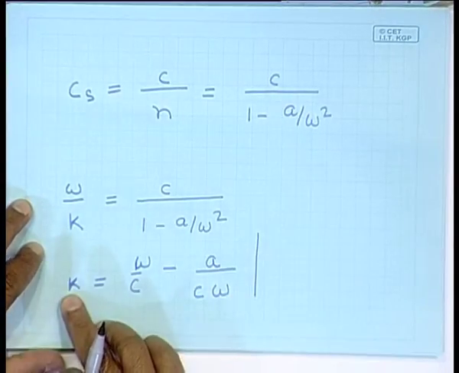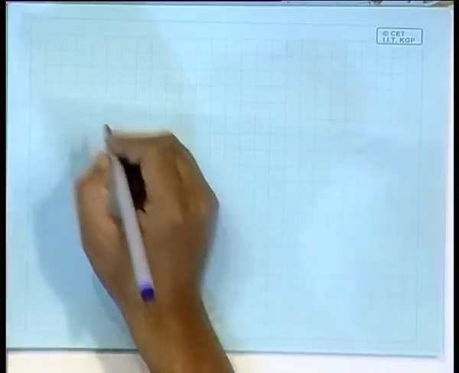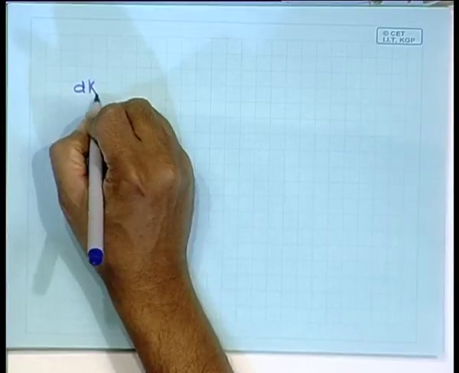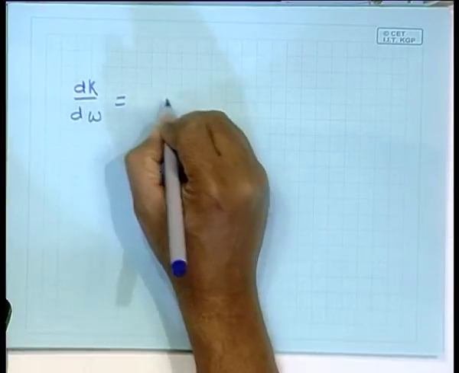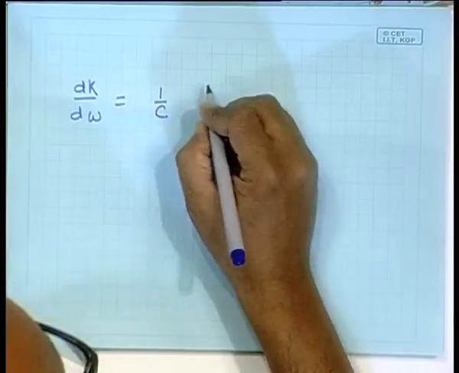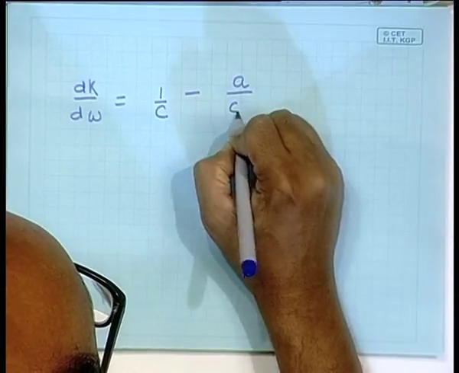So, let us differentiate the expression for k with respect to omega. dk by d omega is equal to 1 by c minus a by c.